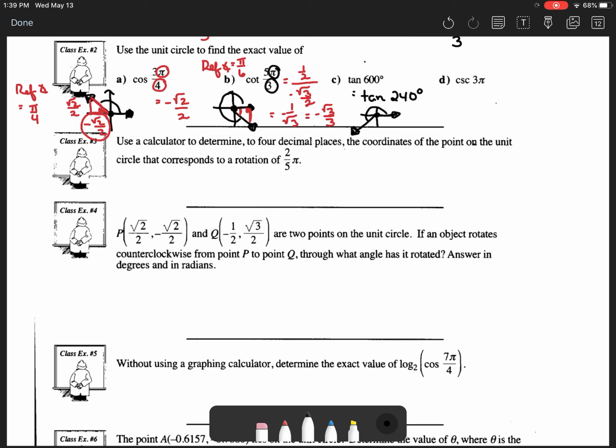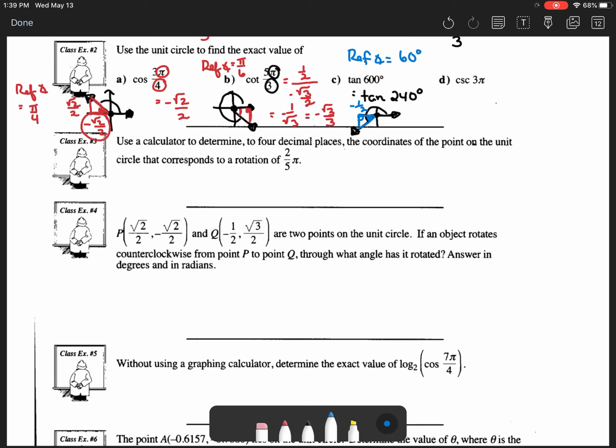So there is 240. Your reference angle is in here. So there's your reference triangle in there. In this case, your reference angle, if you've gone 240, would be 60 degrees. Again, you think about your 60-degree triangle and what the x and y dimensions are going to be.